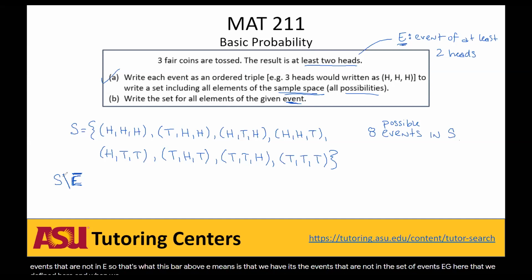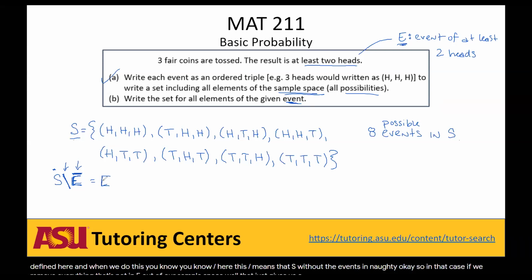And the slash here means S without the events in not E. So if we remove everything that's not in E out of our sample space, that just gives us E. So that's one way to think about that.